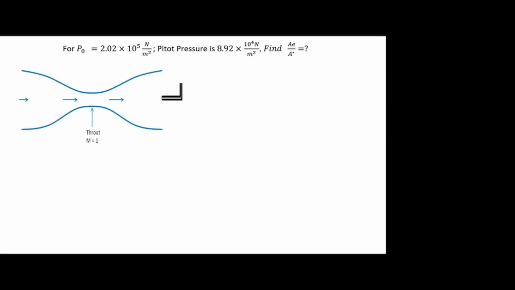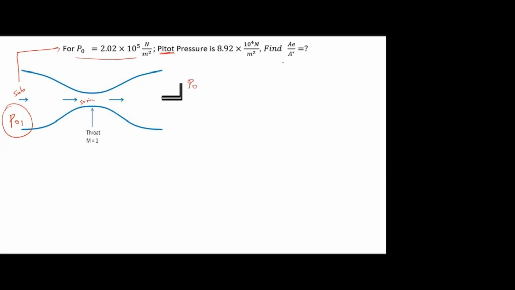Okay, in this problem, again CD nozzle, isentropic flow. So that is an optimized nozzle which converts subsonic to sonic in the throat, then supersonic at the exit, and they are given reservoir pressure P naught, that is P naught 1. It is given, and pitot pressure. So here another P naught they have given.